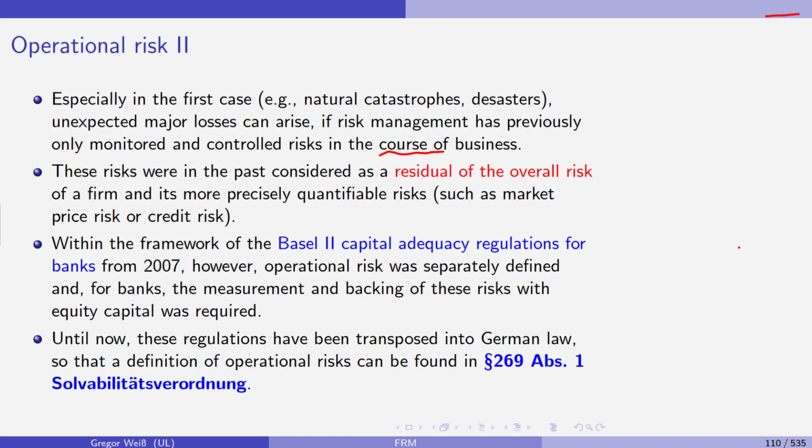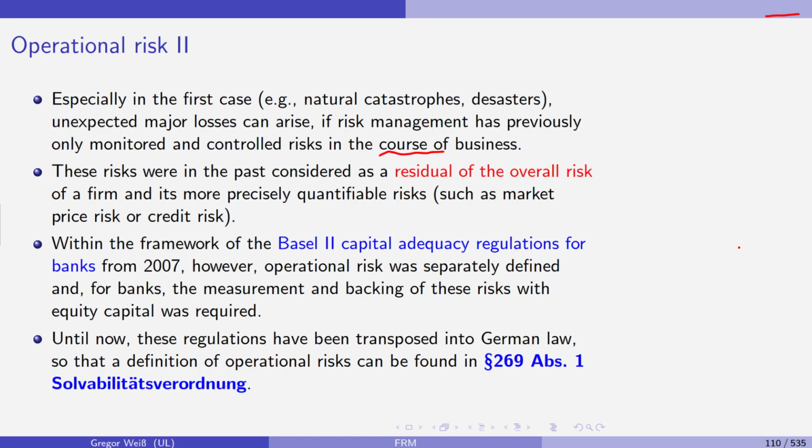And in the past, these risks were considered just the residual of overall risks. You had market risk, you had credit risk, and everything else. And of course, you had to care about everything else, but it wasn't defined and it wasn't given a name.